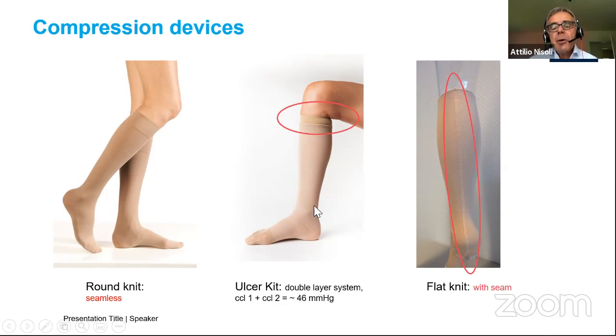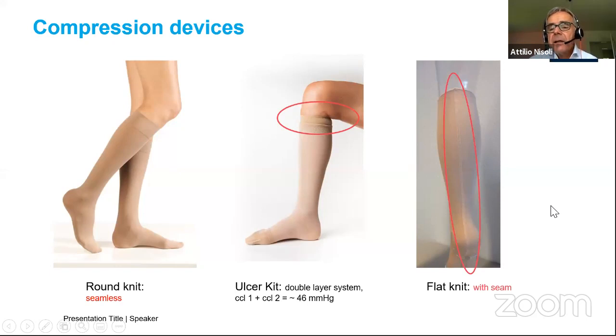And on top of it, during the day, we put compression class 2, so we reach approximately 46 millimeters of mercury at the ankle area. And this is what we need to heal an active ulcer. So basically coming up to a compression class 3.